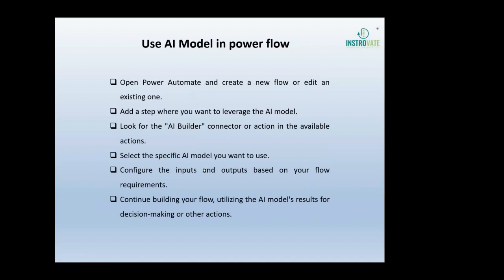Select it for the specific AI model you want to use. Now you can configure the inputs and outputs based on your flow requirement. When you click on save, you can continue building your flow, utilizing the AI model's result for decision making or other actions.